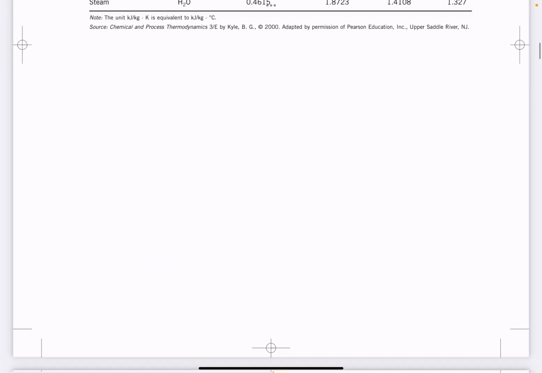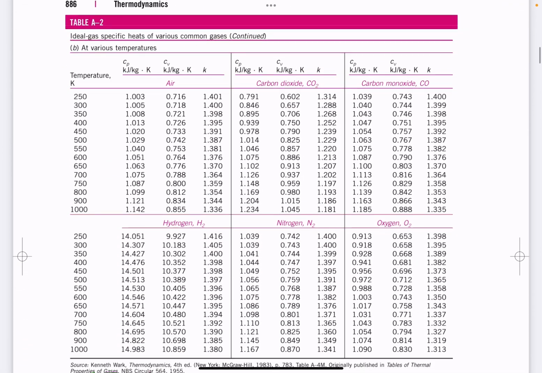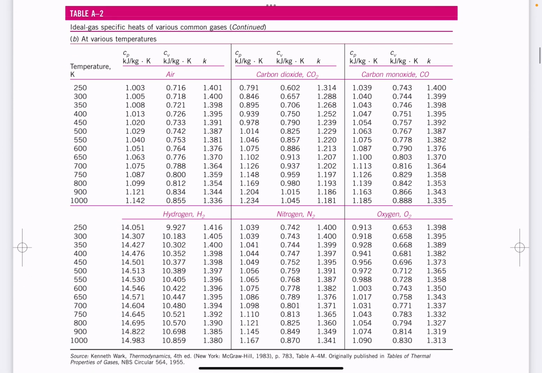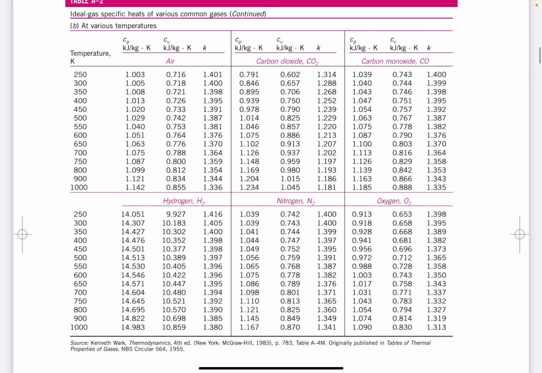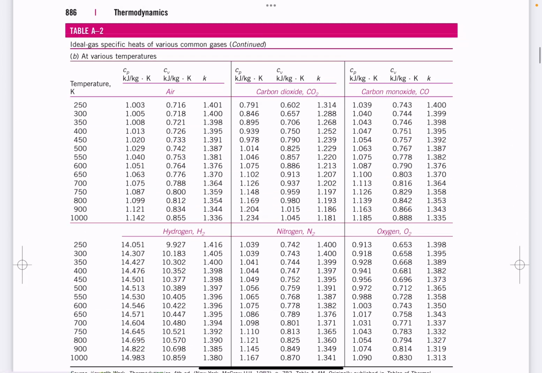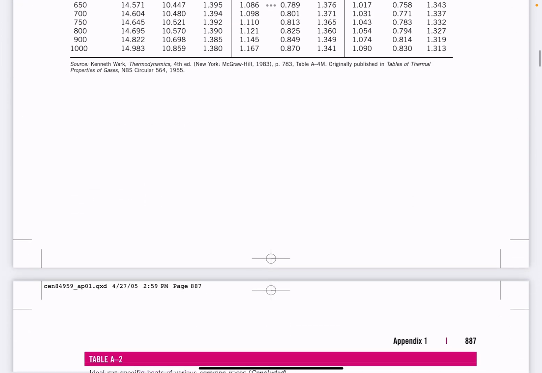Table A2B is the specific heat capacity CP and CV at various temperatures, tabulated between 250 Kelvin and 1000 Kelvin only, for a variety of gases: air, carbon dioxide, carbon monoxide, hydrogen, nitrogen, and oxygen.